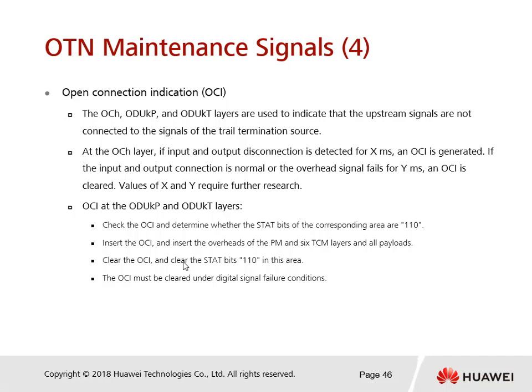If it's 110, then we insert the OCI and insert the overhead of the PM and 6 TCM layers and all payloads. If you want to clear the OCI, we should make sure the 110 value in the status bits is cleared and goes back to the normal status. Another thing to pay attention to: the OCI must be cleared under digital signal failure conditions.